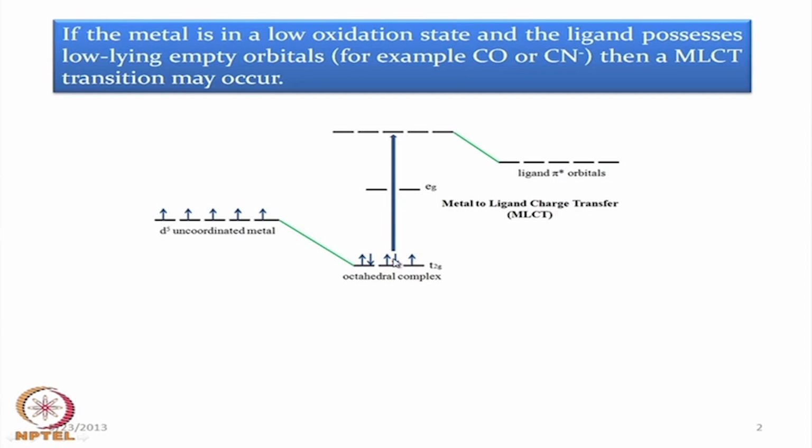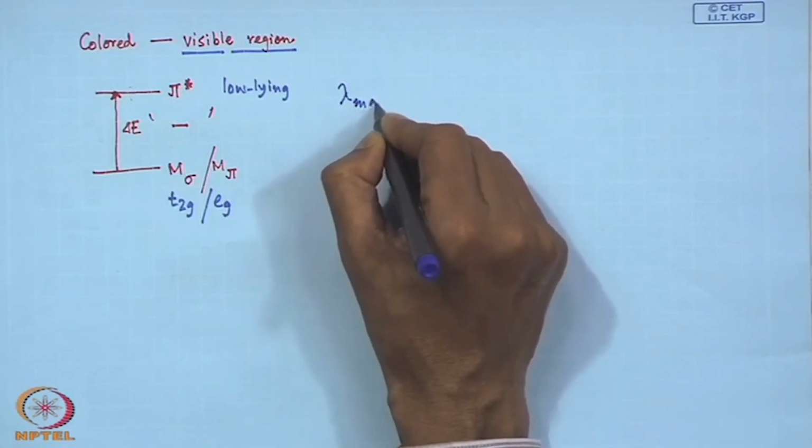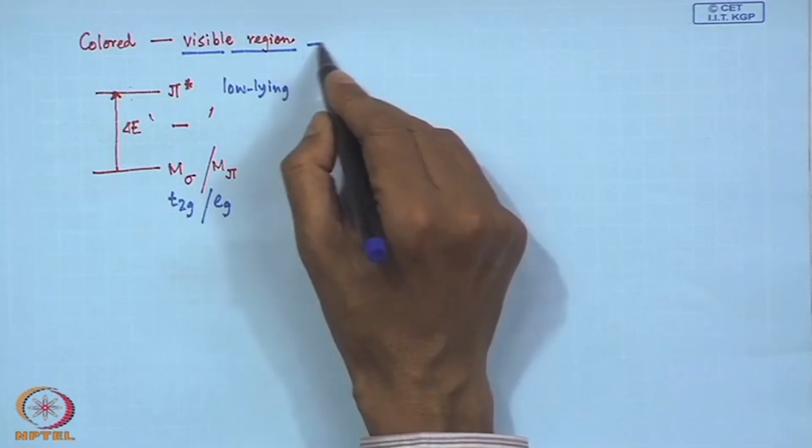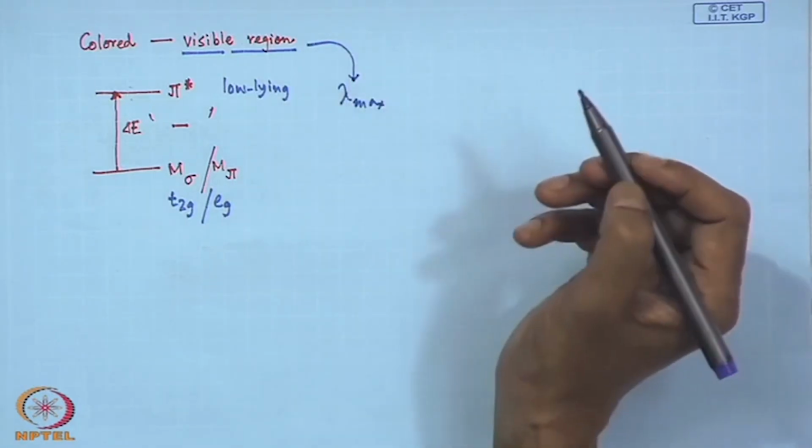So apart from these d-d transitions, we can have highly intense charge transfer transitions to the corresponding ligand acceptor levels. And if it happens, we have the corresponding lambda max values also. If it is colored, it can be in the visible region.